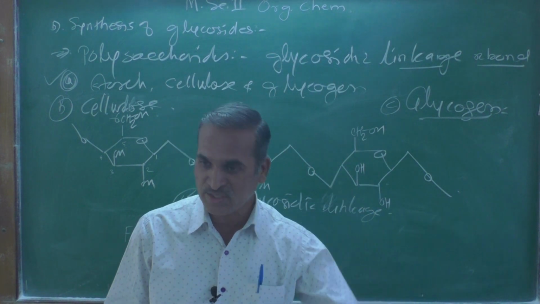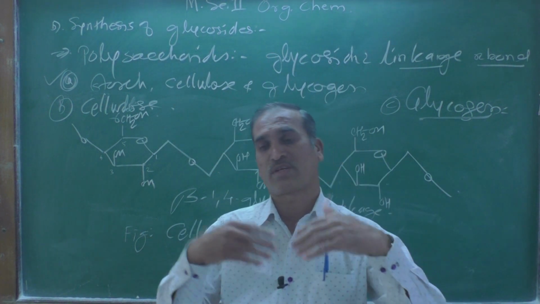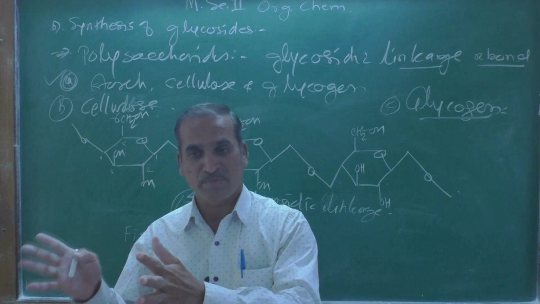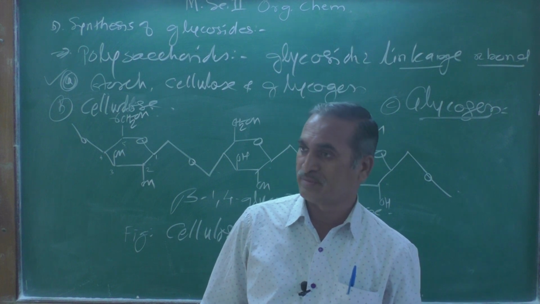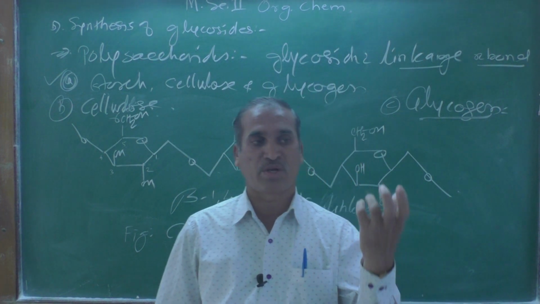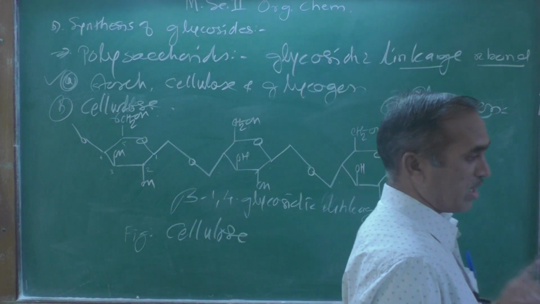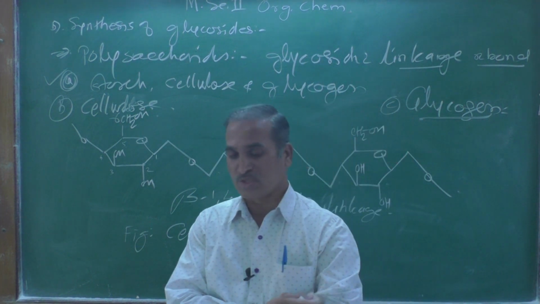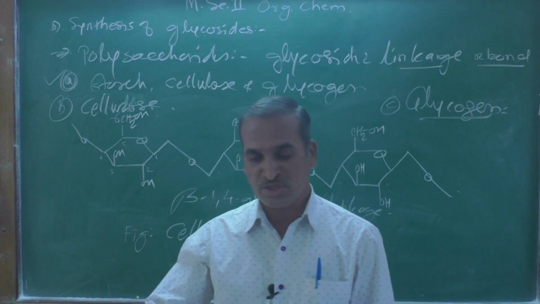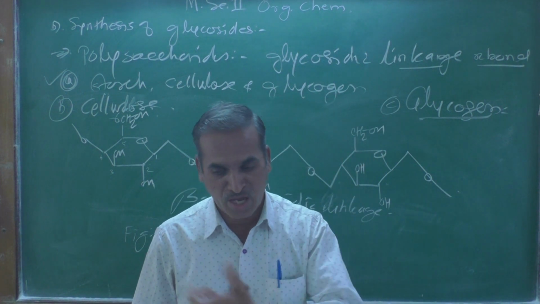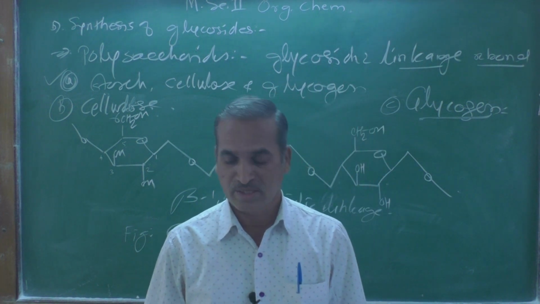Then we saw disaccharides, what kind of glycosidic bonds they can form, and then the reducing property, whether they are non-reducing or reducing sugars. That is the concept we have seen today, but from tomorrow onward a very important point we are going to discuss is the synthesis of glycosides, the glycosyl donor concept. So that we will see in the next lecture.